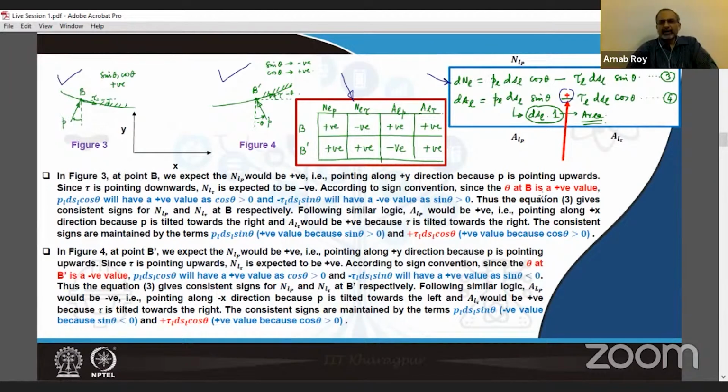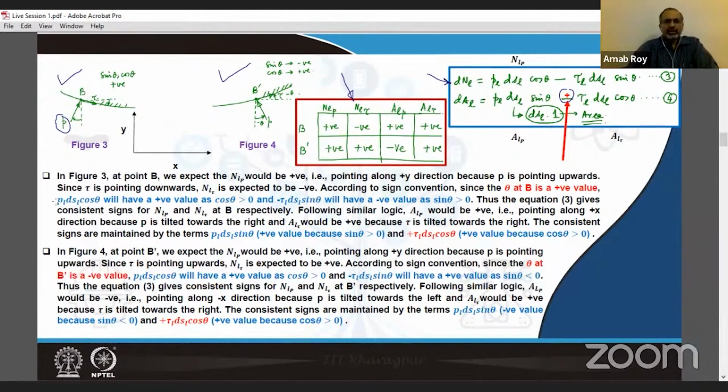Here we find that theta is a positive value. From a physical perspective, one thing that we need to notice is that because pressure is acting upwards, it will have a positive contribution to the NLP term. And tau is pointing downwards, and therefore NL tau is expected to be negative.